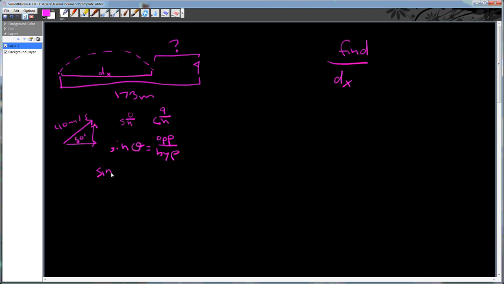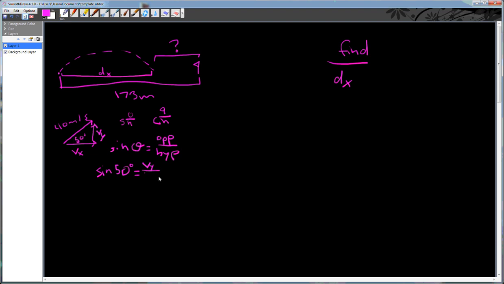Sine of 50 degrees is equal to the opposite, which is our Vy, over the hypotenuse, 40 meters per second. This right here is our Vx.